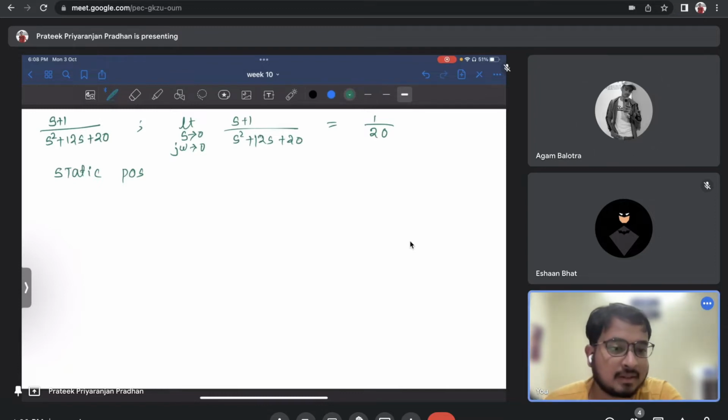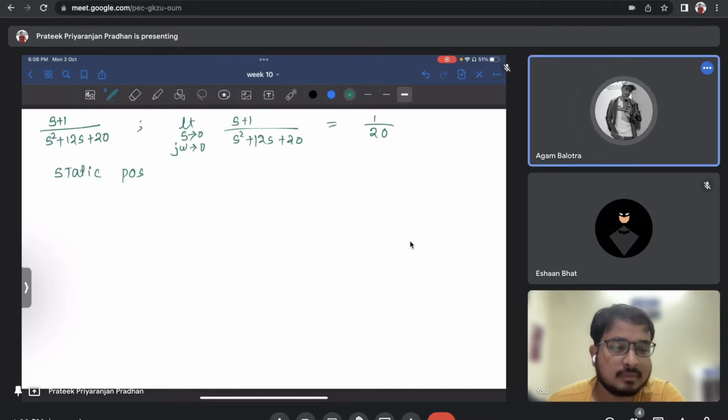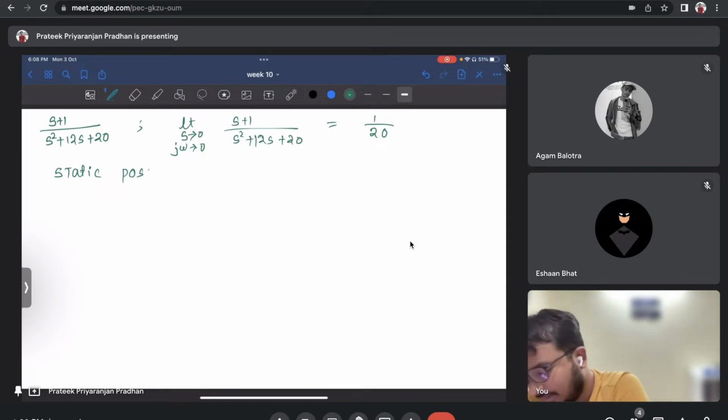Yes, the static position error constant for the open loop transfer function is equal to 1 by 20.